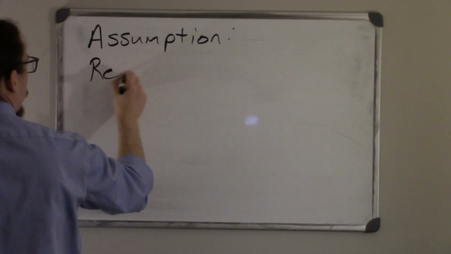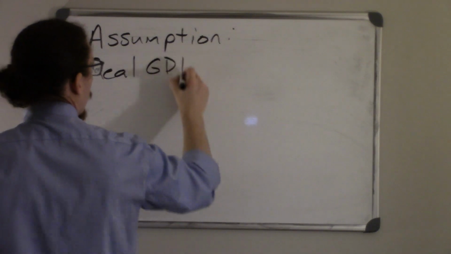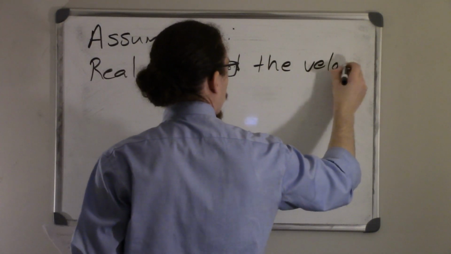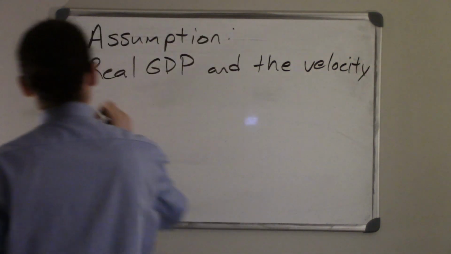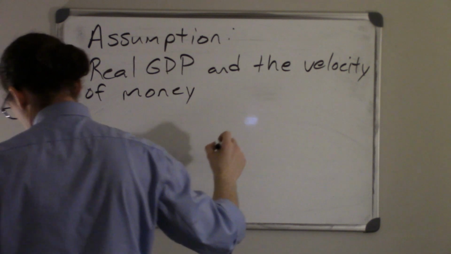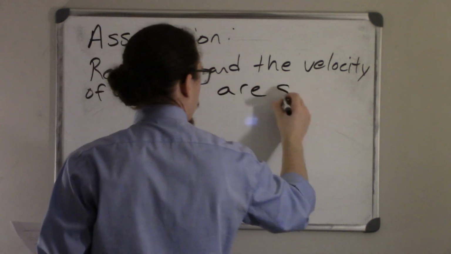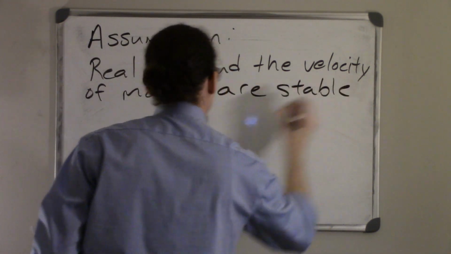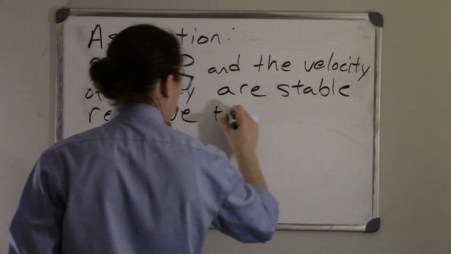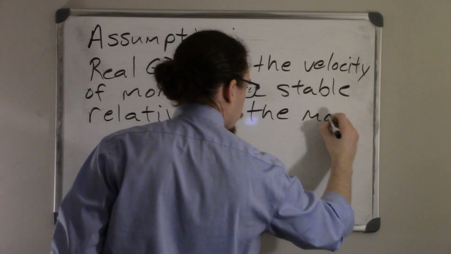Real GDP and the velocity of money are stable relative to the money supply.